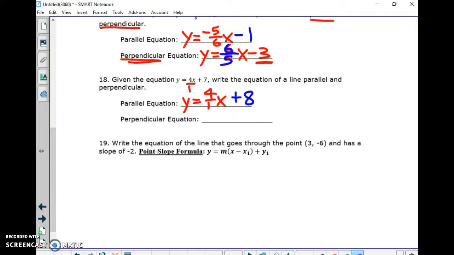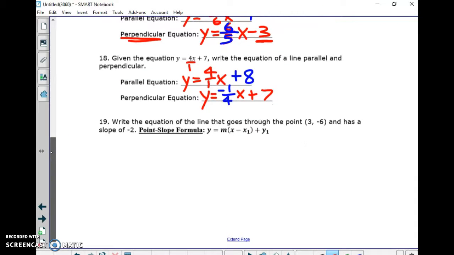That's fine. And then our perpendicular is opposite reciprocal. So instead of positive 4 over 1, it's going to be negative 1 over 4 x plus, and we'll keep the y-intercept the same, though it doesn't matter, you can change it to whatever.